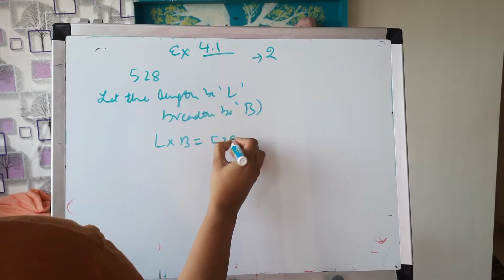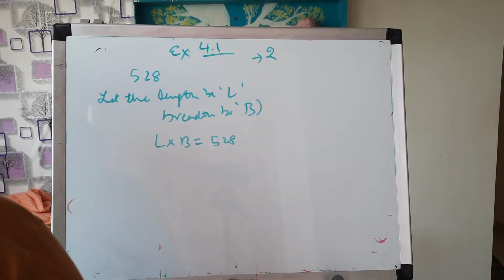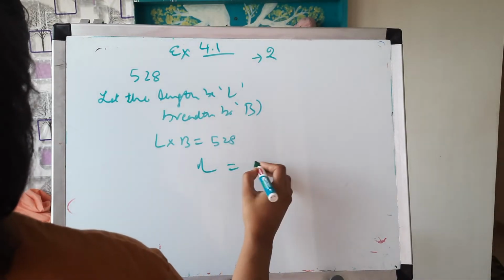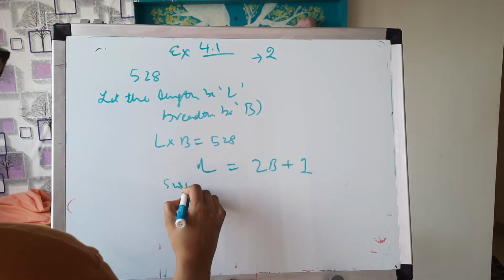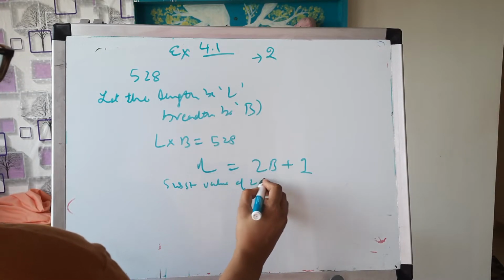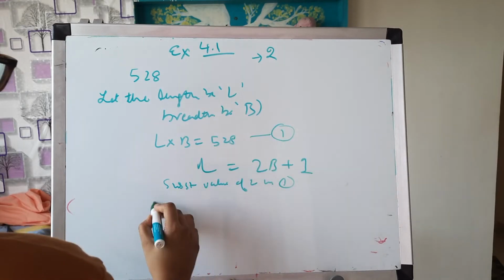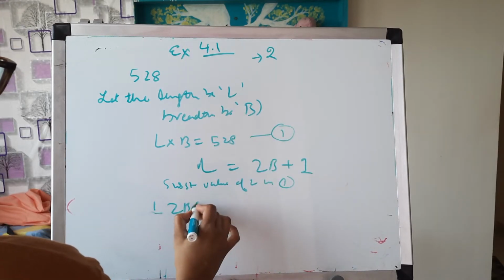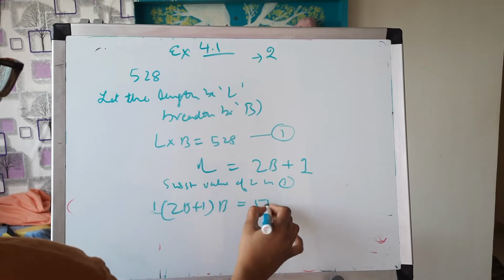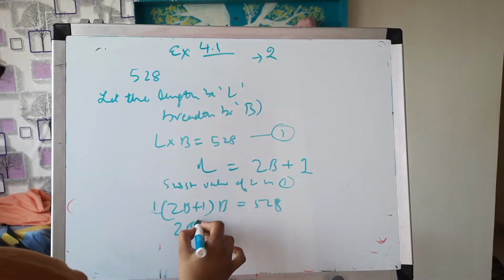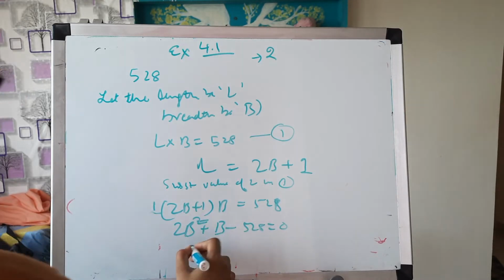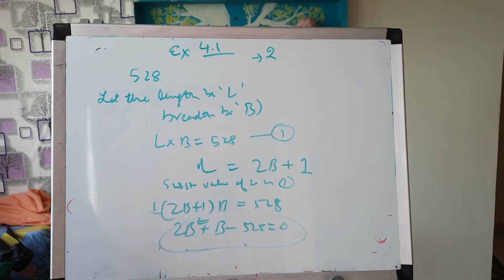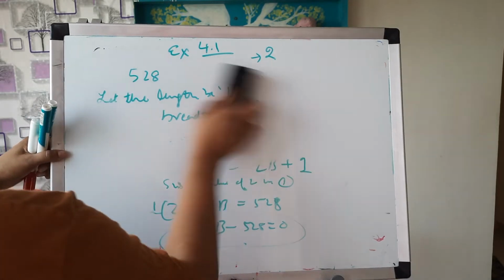This is 528. The length of the plot is 1 more than twice the breadth. So substituting the value of L, this is how it is represented. We don't have to solve as of now, we have to represent this.